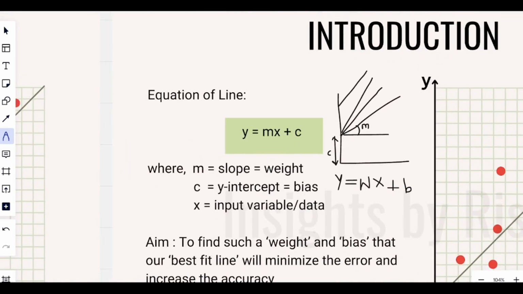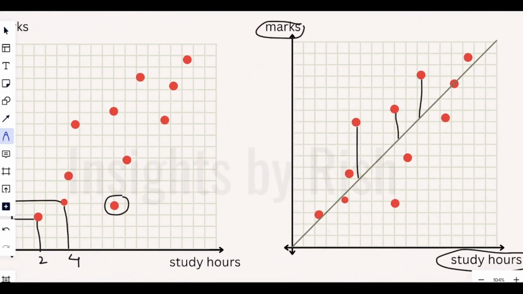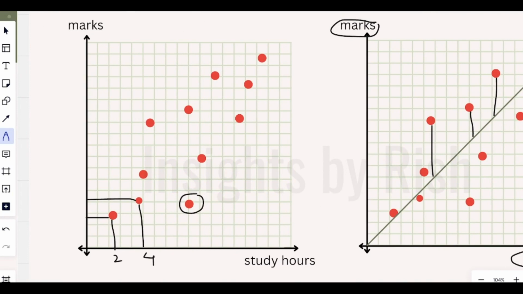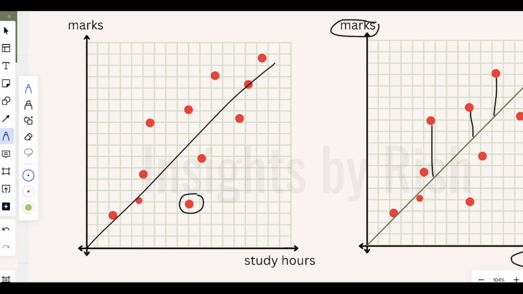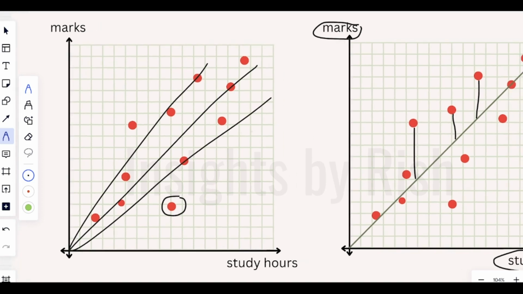So when I say that we have to draw a line that passes as close as possible from all of these points, there can be multiple lines. This can be a line, this can be a line, and this can be a line. So which line to choose? There can be multiple lines. This line changes depending upon the values of weight and bias.